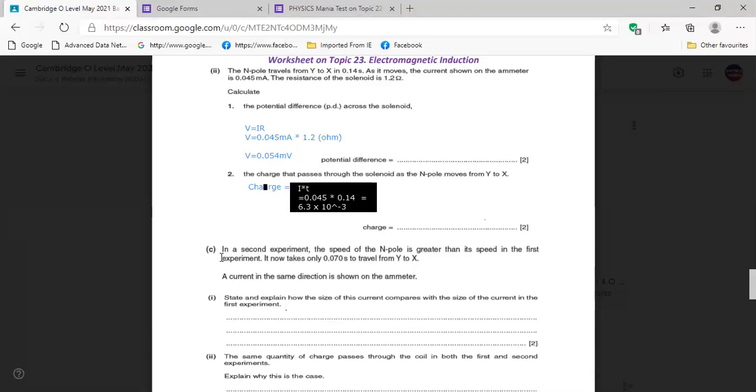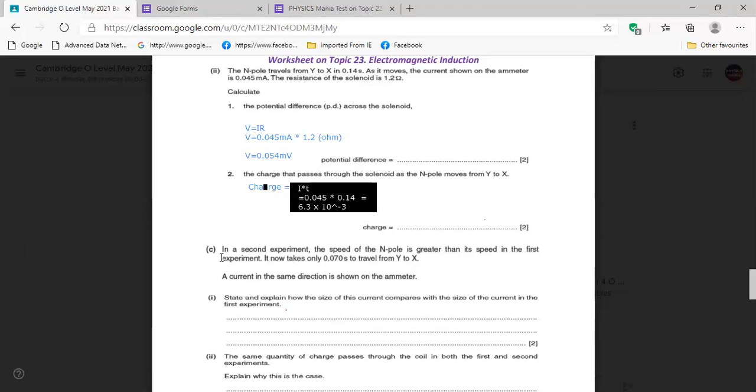So it should be millicoulomb. Then next, continue. 6.3 into 10 to the power minus 3 millicoulomb.